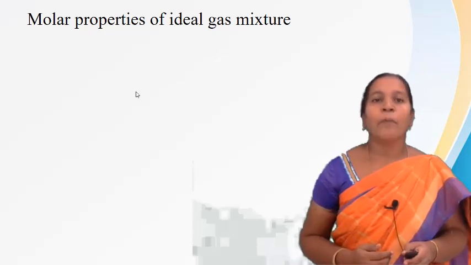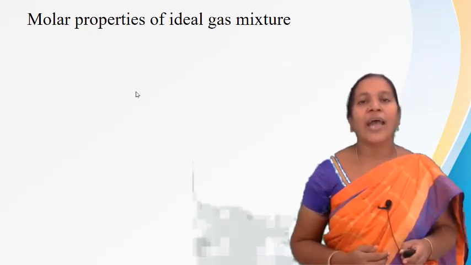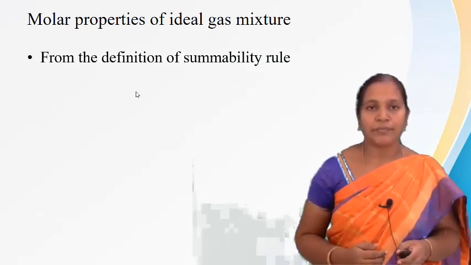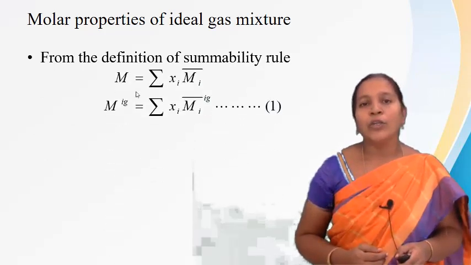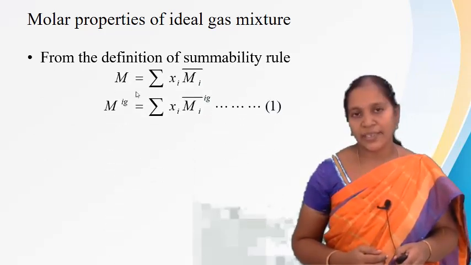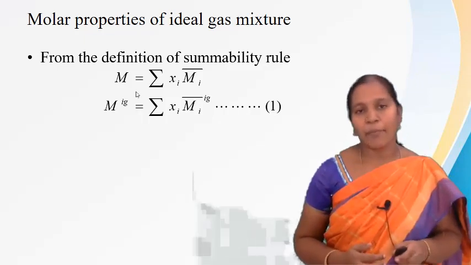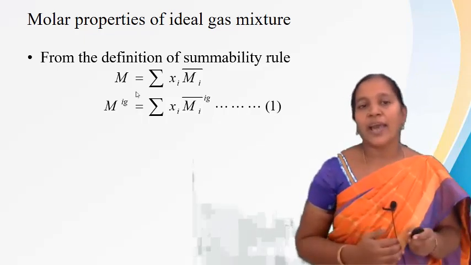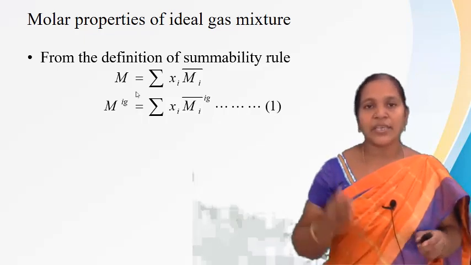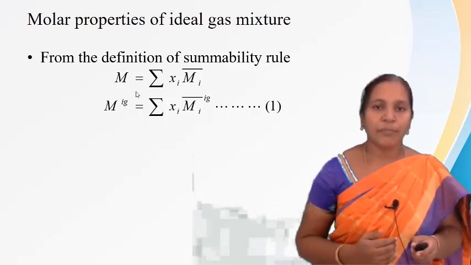Now coming to partial properties of an ideal gas mixture. We know the summability relation, that is M is equal to sigma xi Mi bar. For an ideal gas, M^ig is equal to sigma xi Mi bar ig.